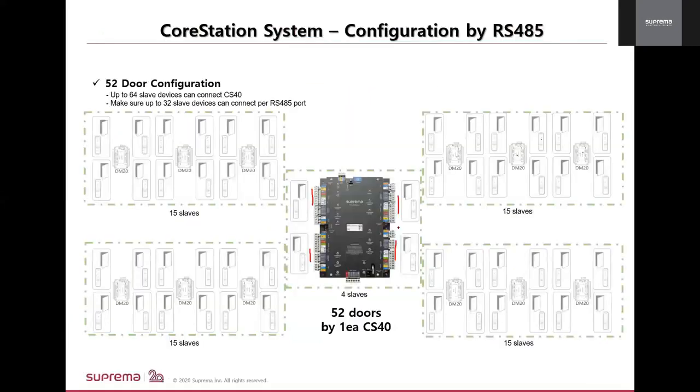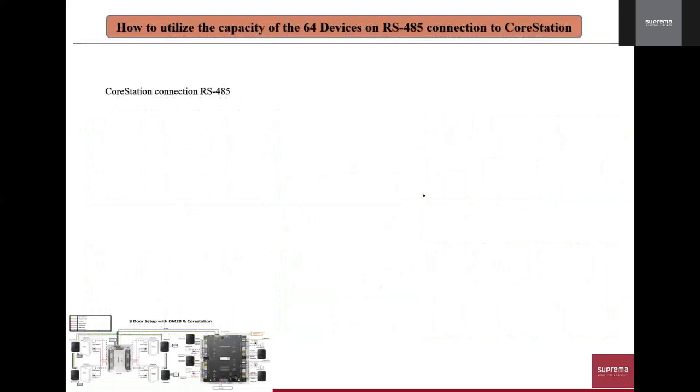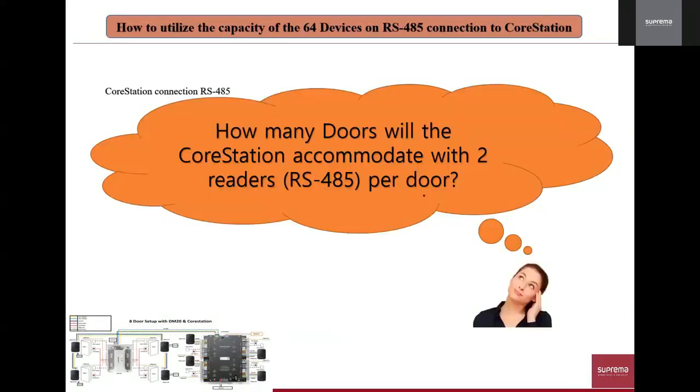All right, so if you look here, you have 1 reader per door. So you have 1 reader here, 1 door here, 1 reader here, 1 door there, and then you have a DM20. So if I was to add now another reader to each one of these doors, what would be the answer?